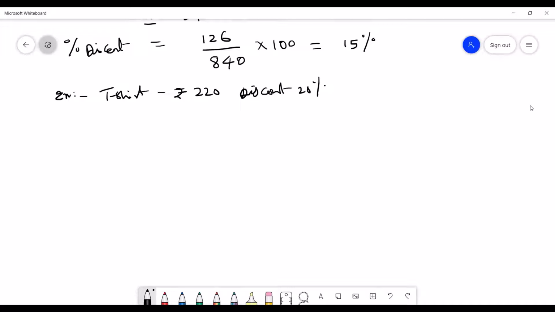And for that we have to find the discount first. Discount is 20 upon 100 multiplied by 220. So here the discount we will get is rupees 44.